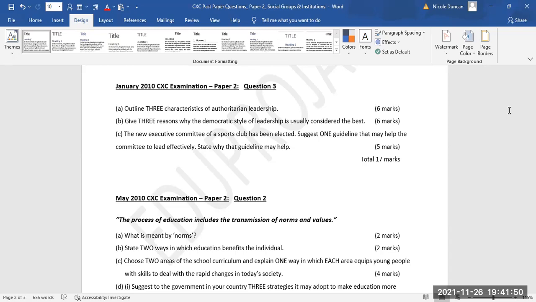So the committee has elected a leader. No, it's not a single leader. The new executive committee for the sports club has been elected. So it's a group that has been elected. Now, what is one of the guidelines that they should follow in order to effectively lead the sports club? What advice would you give them?